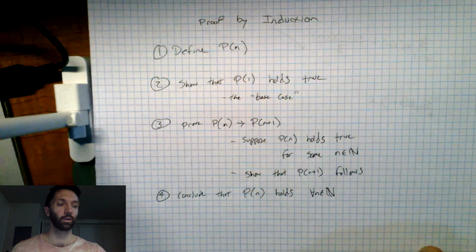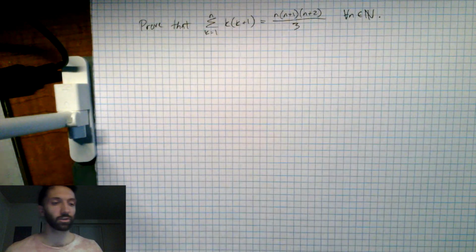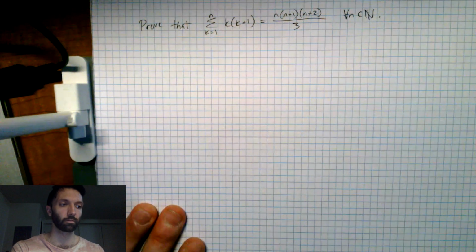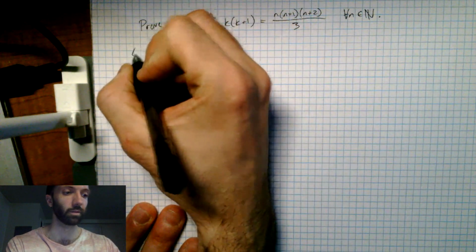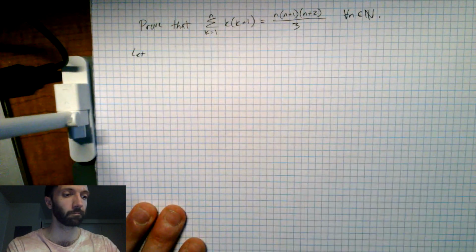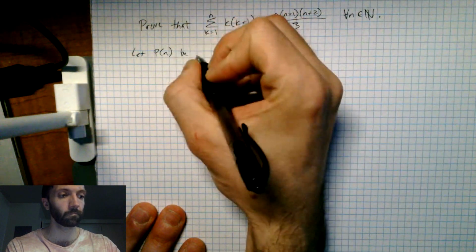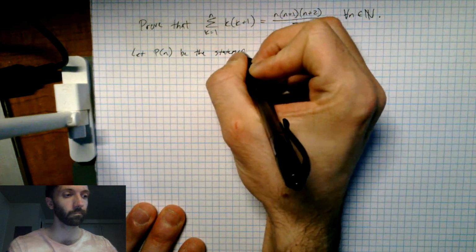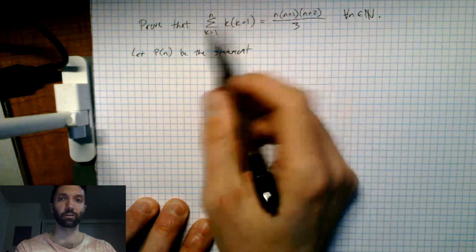All right, so let's go ahead and get into this here. So again, our first step, it's going to seem trivial, but it's so we don't have to write this over and over and over again. Our first step here is going to be to define P of n. So we're going to let P of n be the statement, and then we're just going to copy down our formula here.